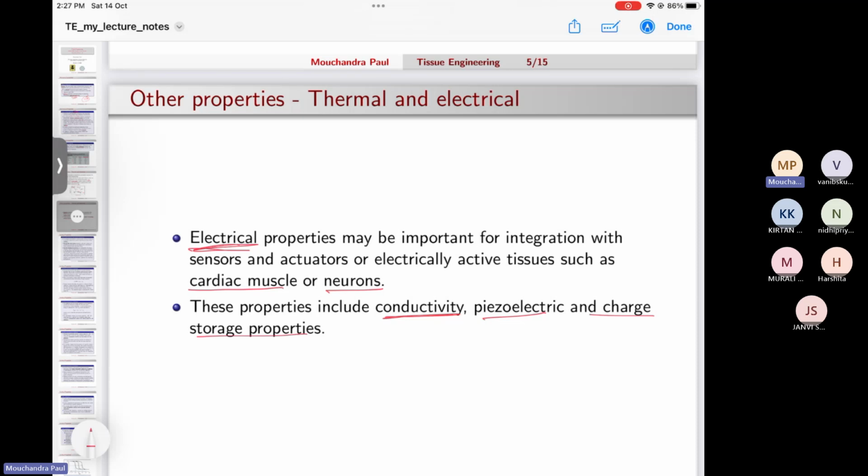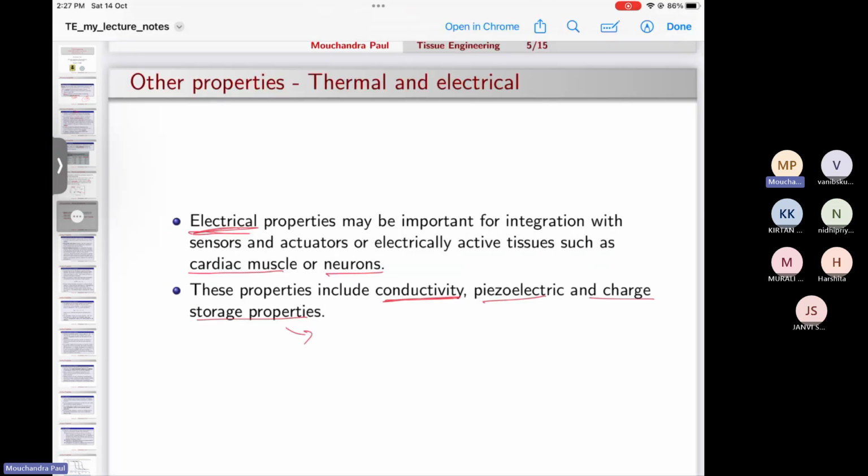It is quite similar to the electrical properties people measure for a battery, or for a material that is going to be used for a semiconductor, supercapacitor, etc. But for tissues like neurons or heart muscles where electrical impulses are getting transported, you have to also consider characterizing their electrical properties.